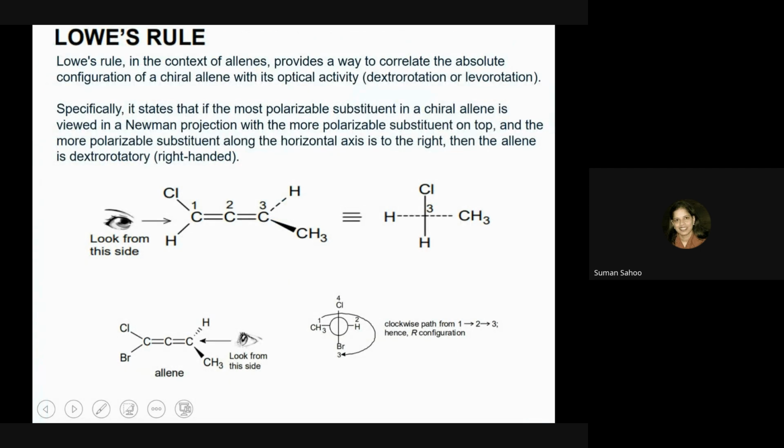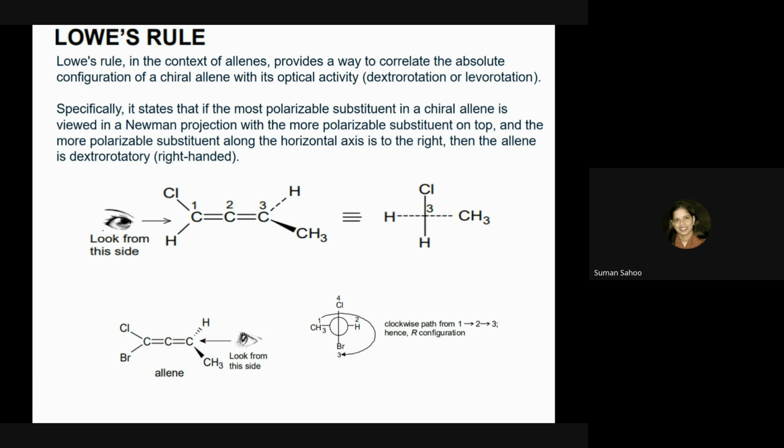Next, in the last class we also discussed chiral allenes, where we have an axial chiral axis. So we have already discussed that in allenes, or in biphenyls, you have a chiral axis, and we just did the nomenclature. You can view from both sides and do the nomenclature.